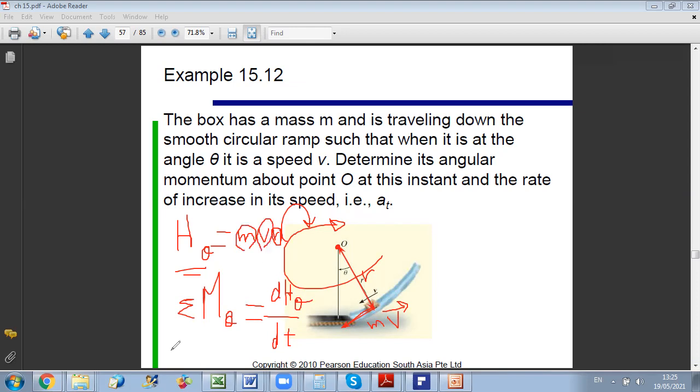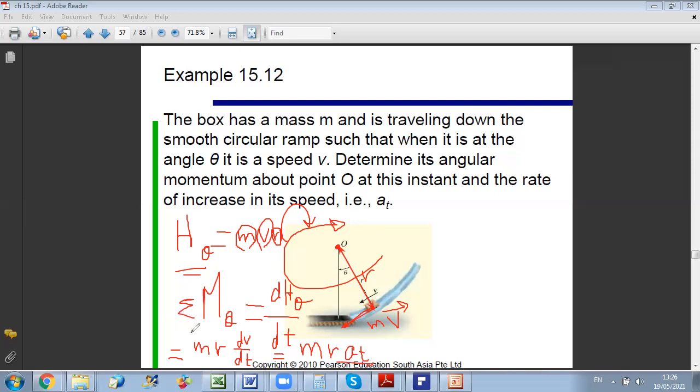So I can write that the sum of moments about O is equal to the mass times r times dv/dt. And the derivative of velocity with respect to time in circular motion yields the tangential acceleration. So I can deduce that the sum of moments about O is equal to m times r times the tangential acceleration, AT. Now, how to get AT?